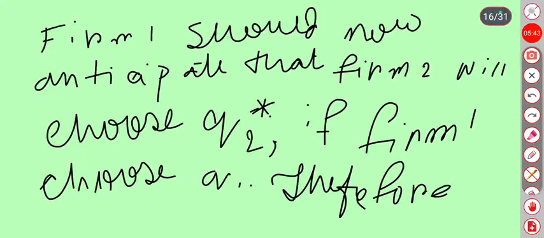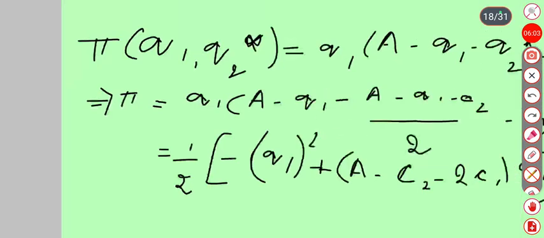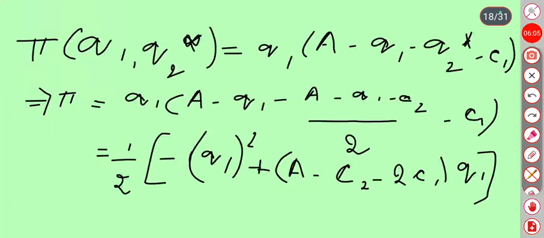Now firm 1 should anticipate that firm 2 will choose Q2 star if firm 1 chooses Q1. Therefore firm 1 will want to choose Q1 to maximize the profit pi (Q1, Q2 star), which equals Q1 times (A minus Q1 minus Q2 star) minus C1.